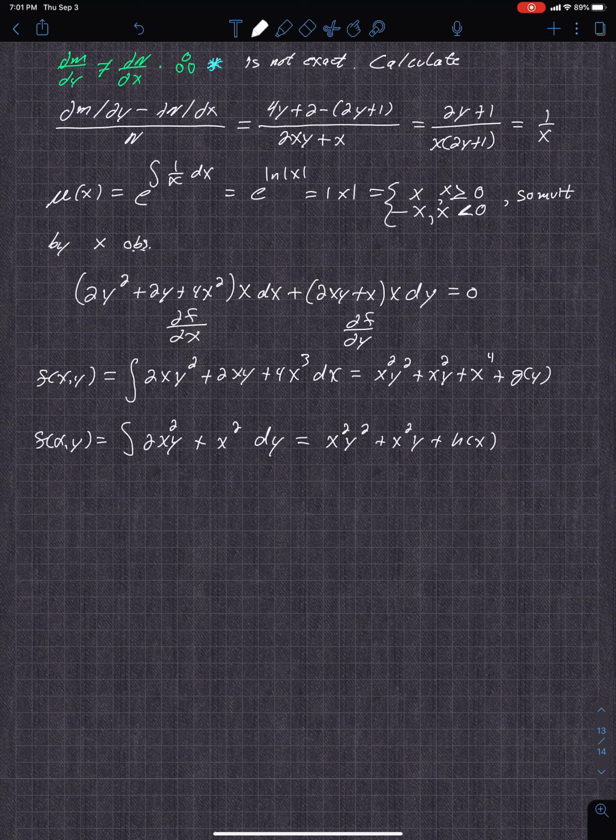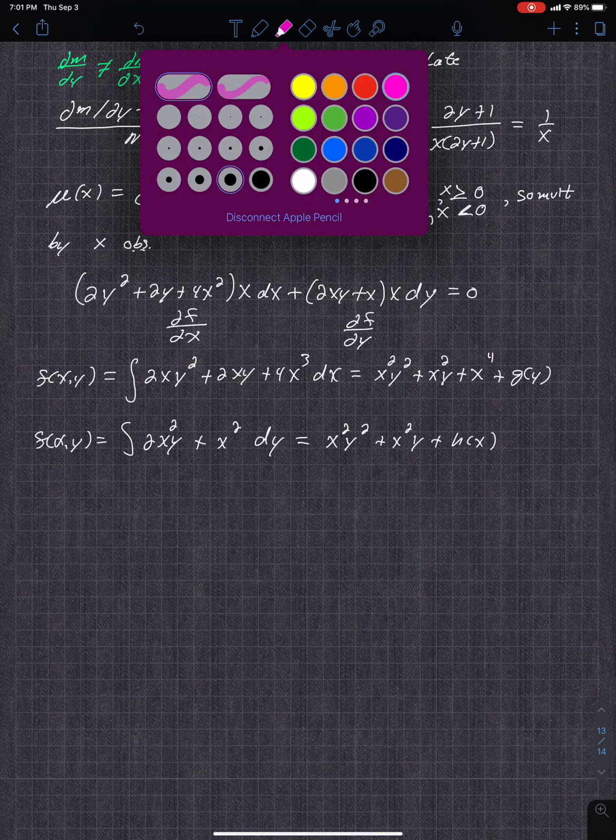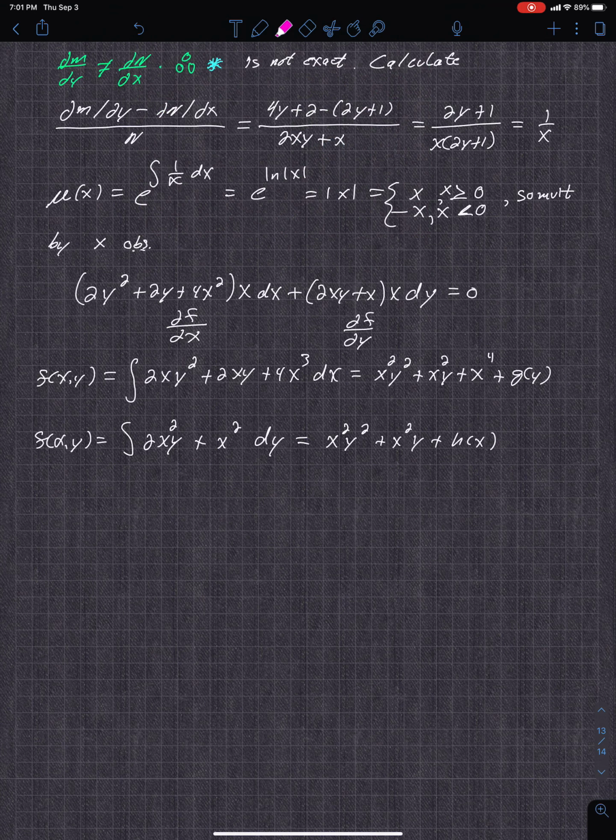So if you compare this, you can see pretty straight up that your h of x, function of just x, would just be this one. And does the other one have a function of just y? Well, no, they're exactly the same. So these are all the same, so you don't touch that. So this g of y is just 0 or just a constant. So there's no function of just y.